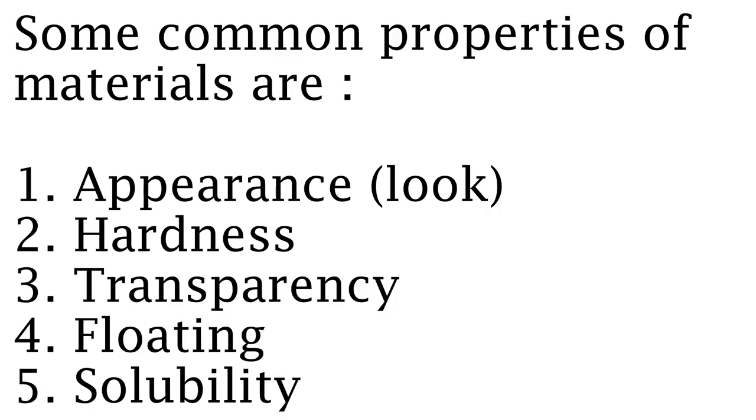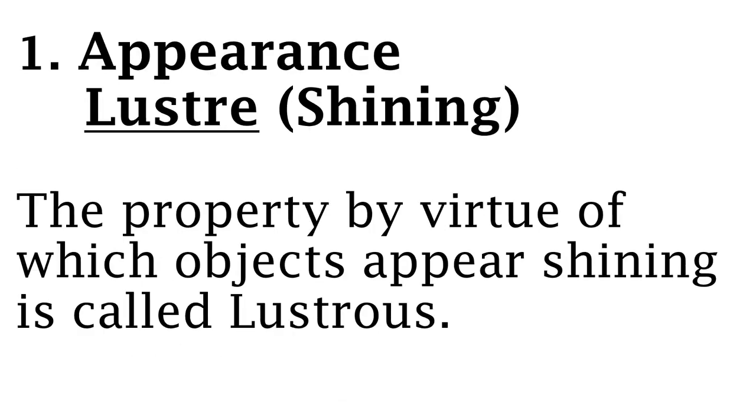In this chapter, we will be differentiating or grouping the objects around us on the basis of these five properties. Let us now understand all these properties one by one.